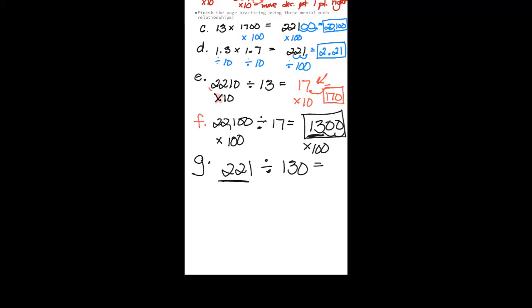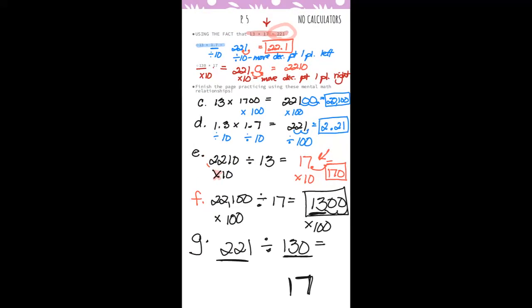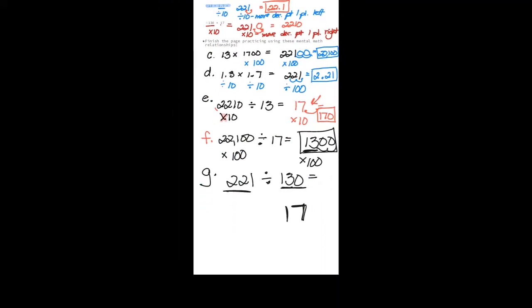So divided by 1.3, I know my answer is going to have a 1 and a 7 in it. How did 13 change to 1.3?